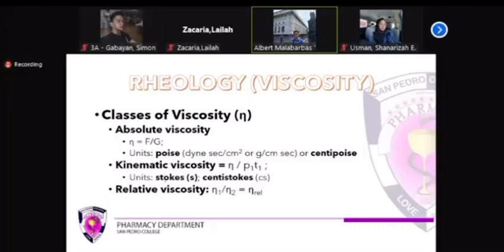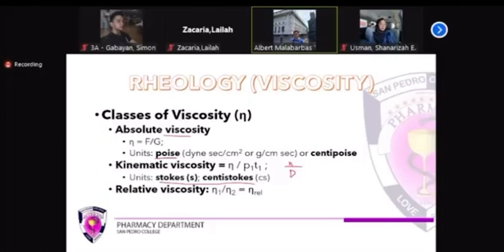Now, there are three types of viscosity: absolute, kinematic, and relative. Absolute viscosity is the most common type of viscosity, measured in units of poise. Kinematic viscosity is measured in units of stokes or centistokes. To get the kinematic viscosity, you divide the absolute viscosity by the density of your material.